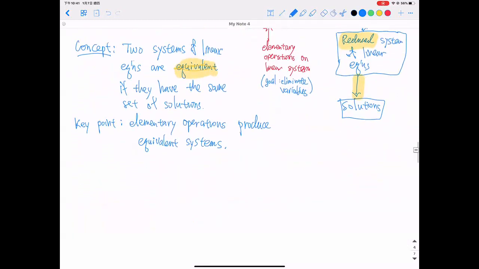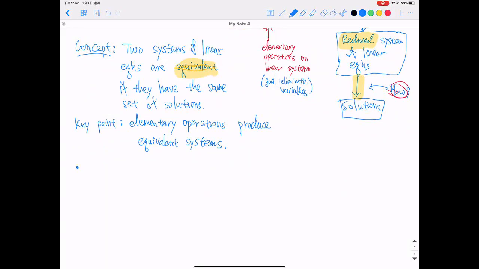So the issue to be raised here is, how are we going to do that? So you should ask how to do this. But more precisely, the question to be asked should be, what do we mean by a reduced system?